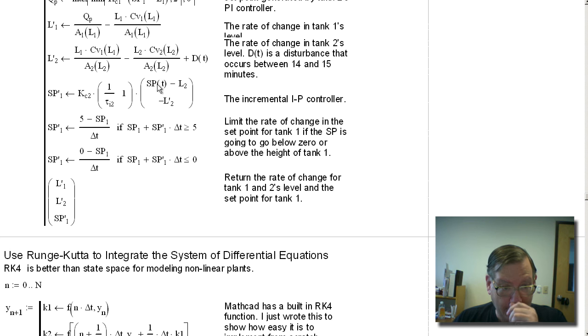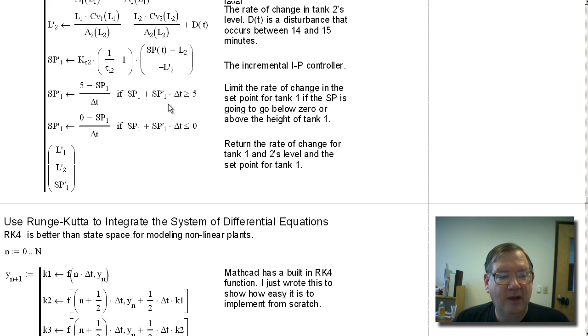And that's multiplied by the error in the set point for tank 2, and this is the level for tank 2, so that's the error. And this is the rate of change of error. And because I'm using an incremental I minus P controller, I only need to know the rate of change of error, or the rate of change in level for tank 2.